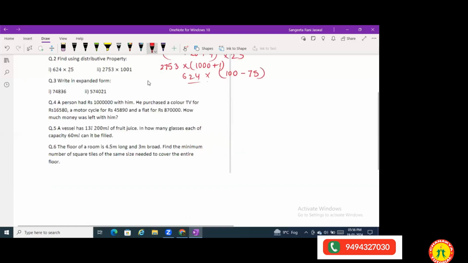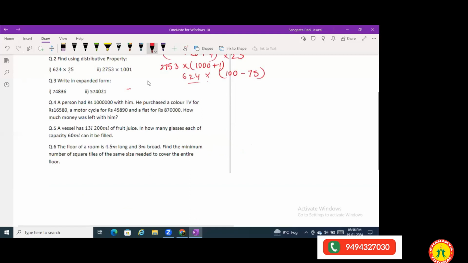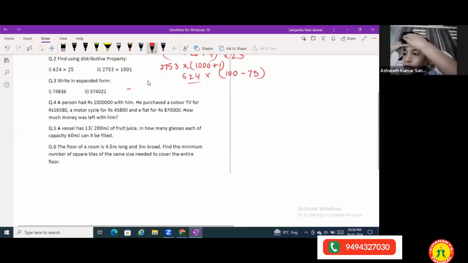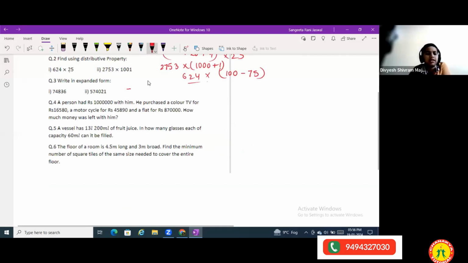Expanded form is like this. Now this 7 is at the ten-thousands place, so it becomes 7 into 10,000 plus 4 into 1,000 plus 8 into 100 plus 3 into 10 plus 6 into 1.